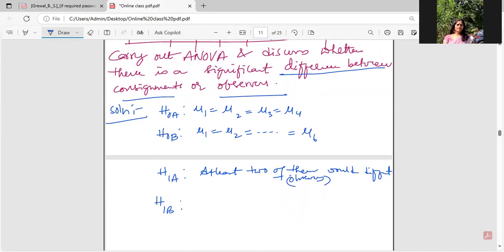H1B would be that at least two of the consignments would differ. That's how I'll take this.